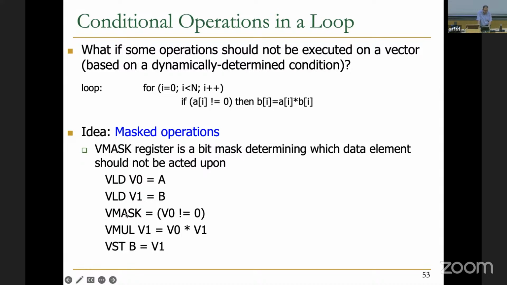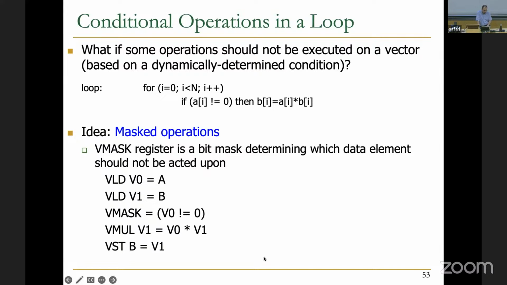So essentially what you need to do is generate this VMask. Here we say that VMask equals V0, where V0 is the vector A, and V0 should not be 0. So for those elements where the data is not 0, you set the corresponding bit in your VMask register.